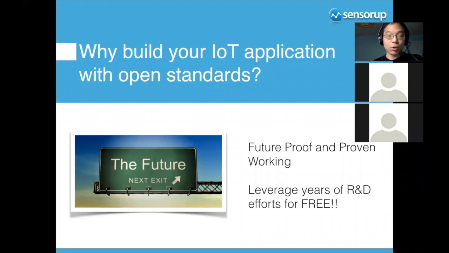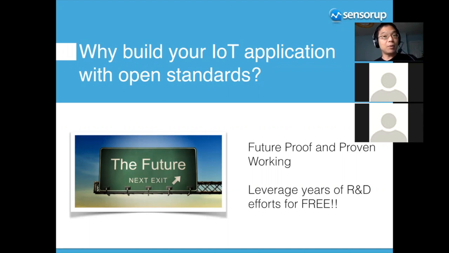Our standard working group has discussed this for 10 years already, since the SensorUp time. Our data model and API are really working, have been used in the real world, and are proven working. If you use open standards, you significantly reduce your risk, and you leverage years of R&D.